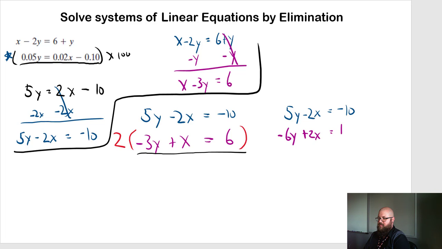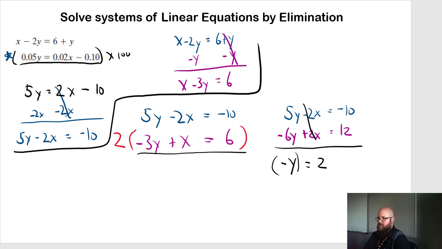And then 2 times 6 would give you 12. Now you can simplify this by adding these two equations together. So 5y minus 6y should give you a negative y. Negative 2x plus 2x, those guys are going to go away. And you're left with negative 10 plus 12, so you should get a 2.